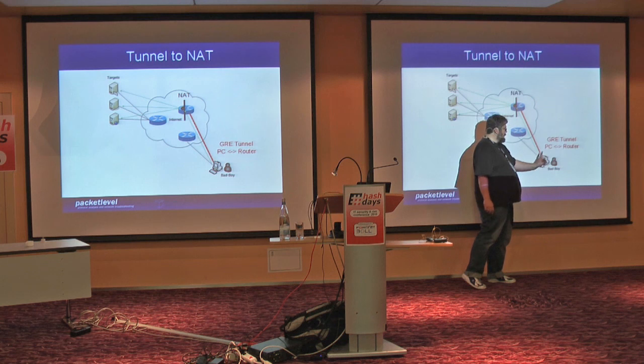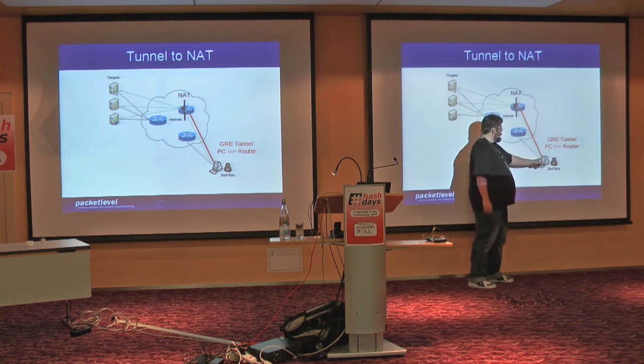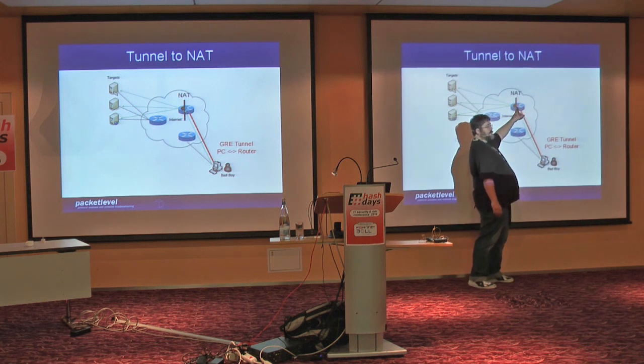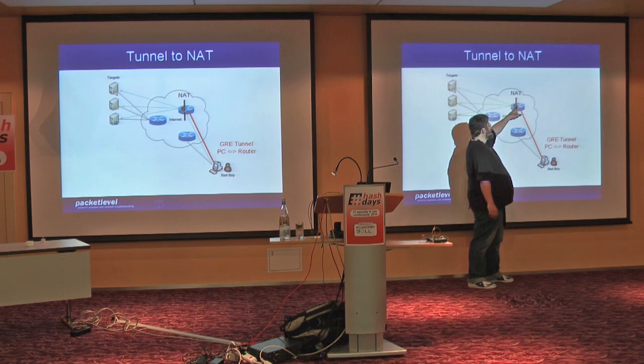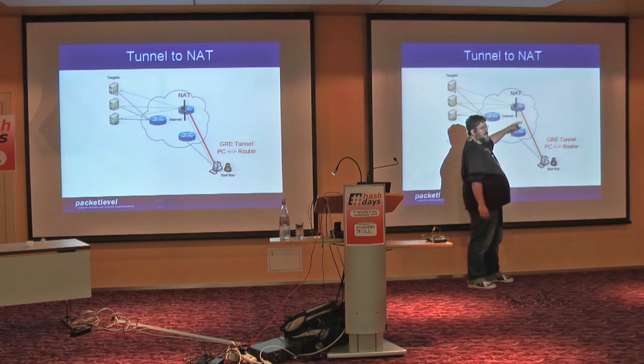Here we create a route that says, okay, if I want to attack this device, it goes not directly to the internet, but it has to go to the tunnel. Here it hides behind the NAT address, and then it's attacking. And all the targets see only this NAT address.